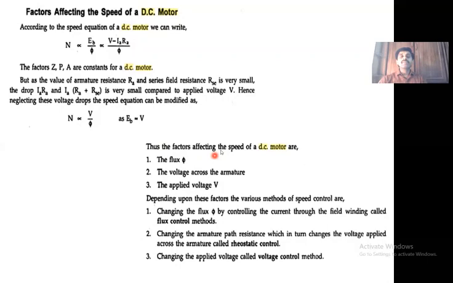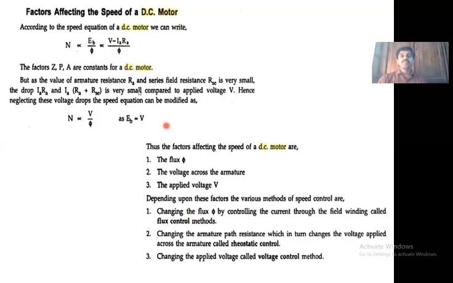So, the factors affecting the speed of the DC motor are the flux phi, the voltage across the armature, and the applied voltage V. So, depending upon these three factors, various methods of speed control are there.